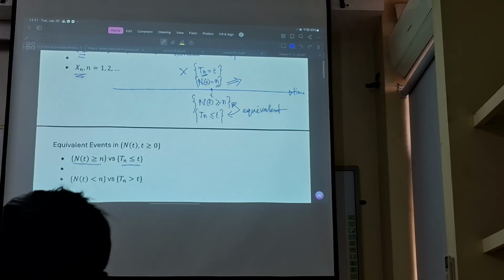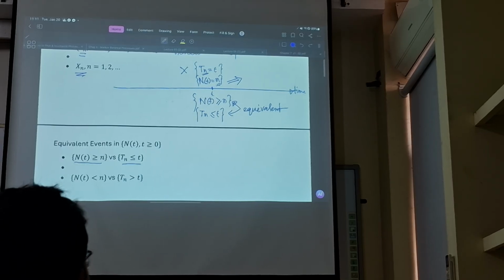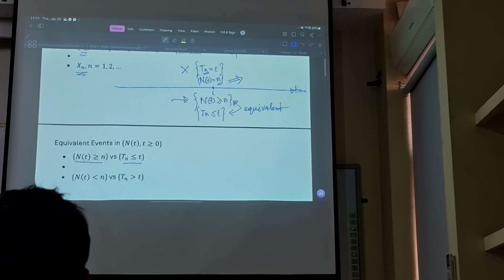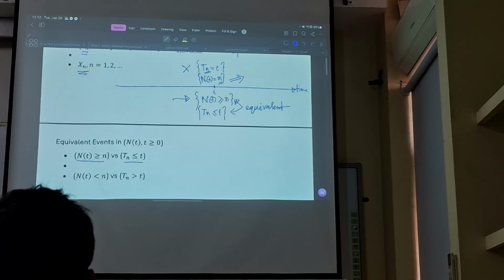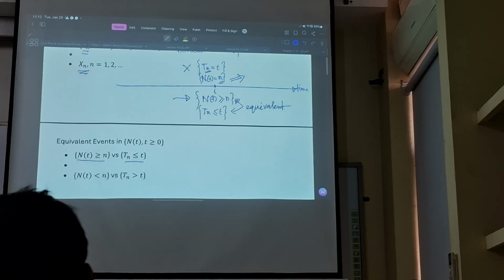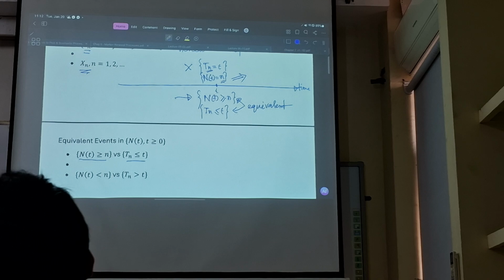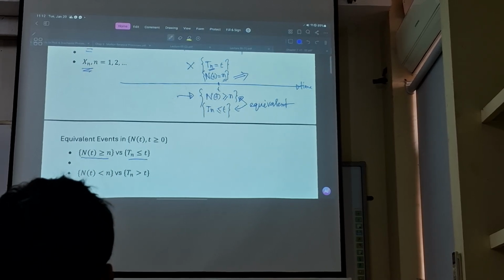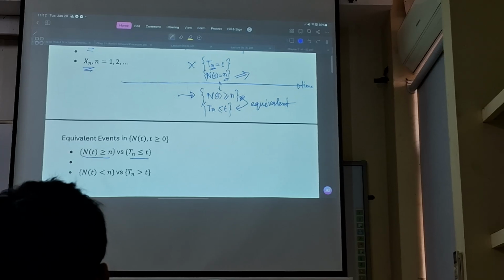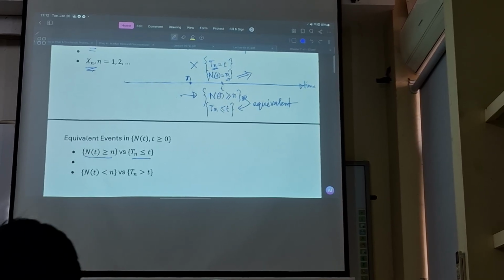Okay, let's see. This one says, by time t, n or more events occur. In the worst case, the nth event occurs at time t, and in the general case, somewhere before that the nth event occurs.